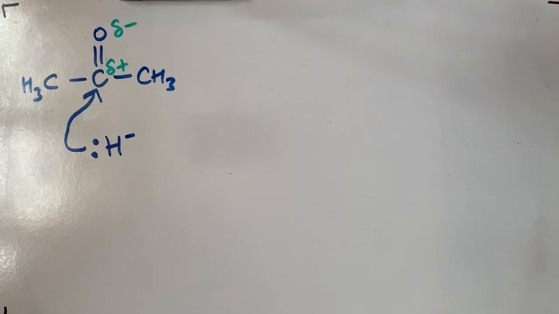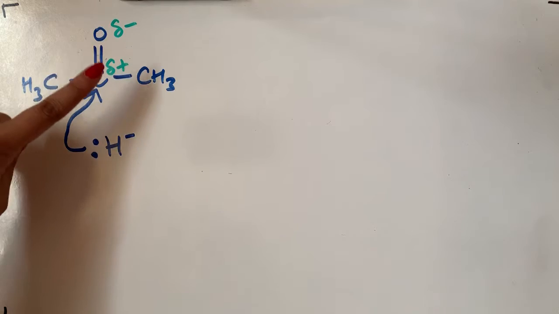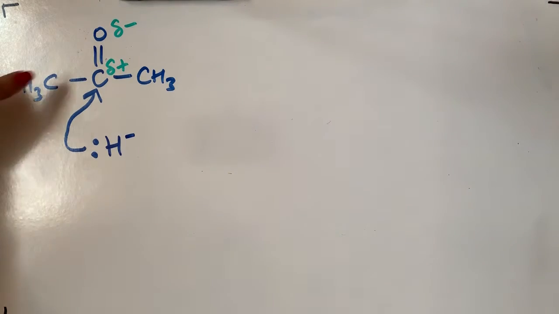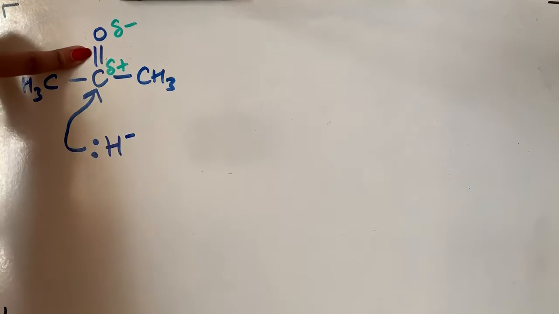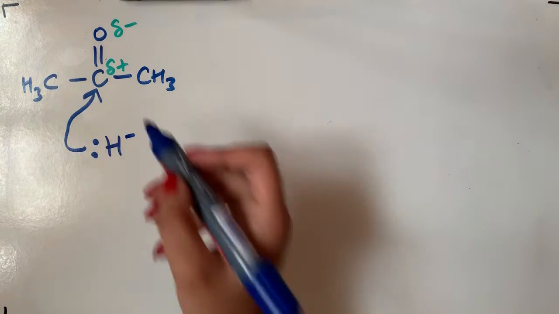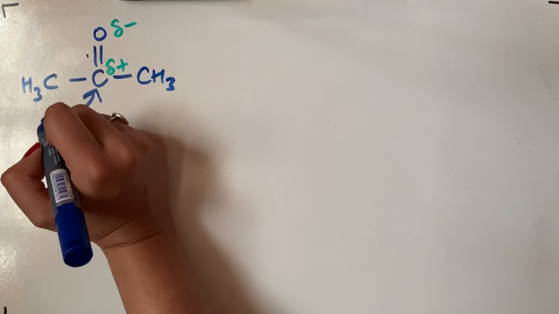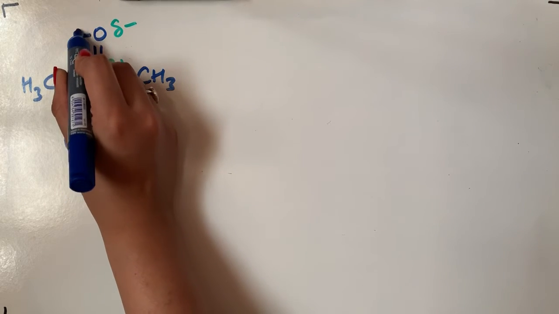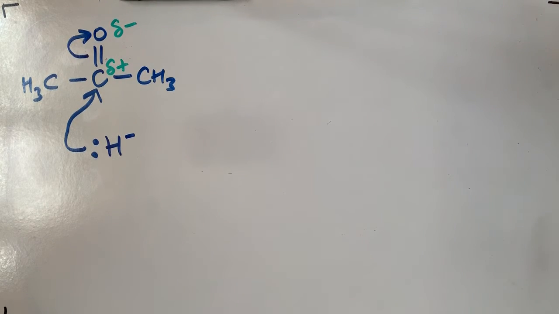Because we formed a bond between the carbon and hydrogen, that would mean our carbon has 5 bonds, which can never happen. So we have to break a bond. We're going to break our pi bond between our carbon and our oxygen, and because oxygen is delta negative, it is going to take the electrons. The electrons are lying closer there anyway, so it's going to take the electrons in one of those bonds.